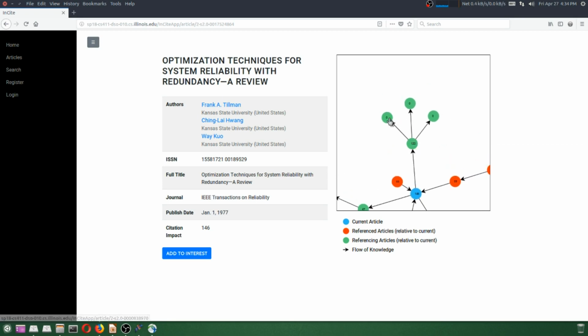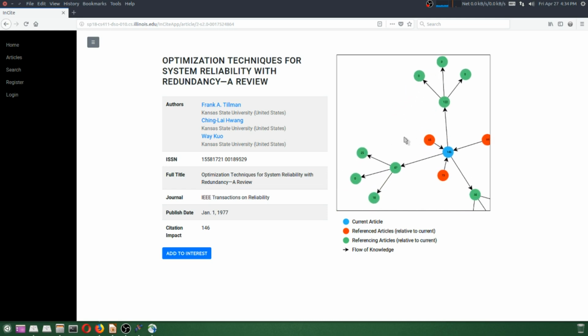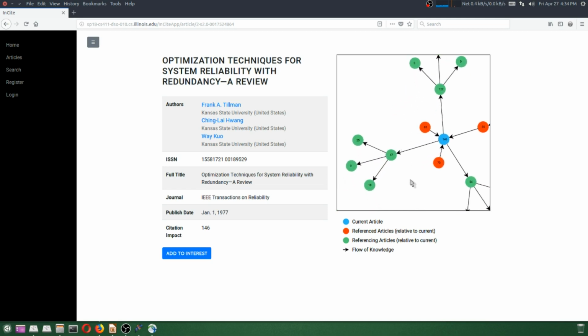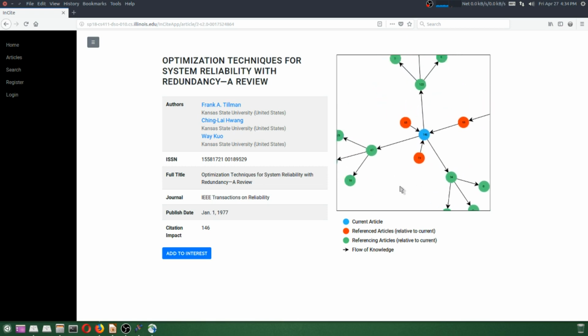You can also see second level nodes that are referencing the first level referencing nodes, right? And you can see that they have pretty low citation impact, probably because they were published late, not necessarily through their own fault. Similarly here, you can also see that.